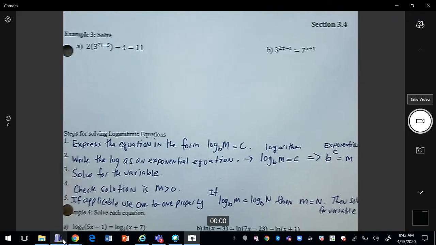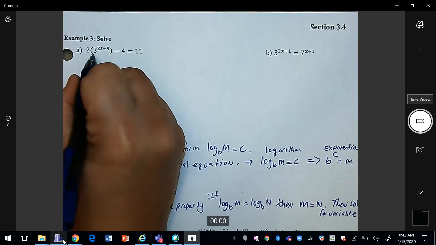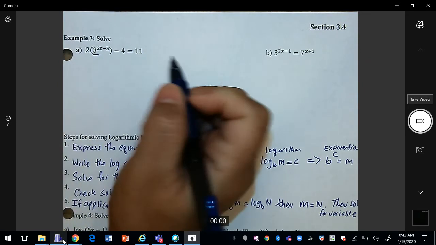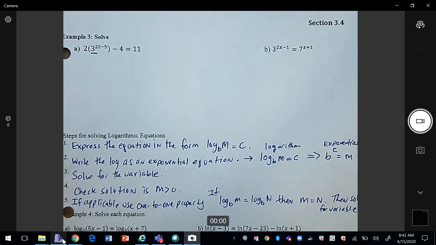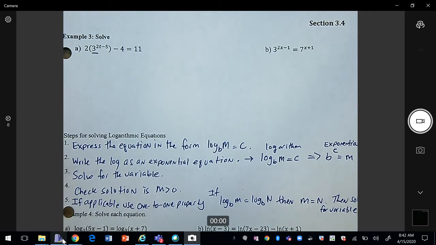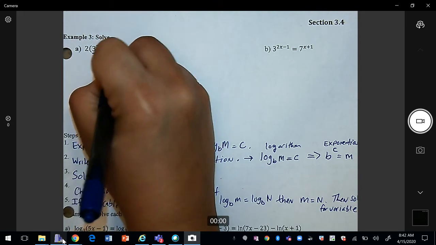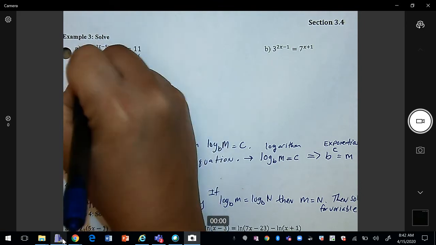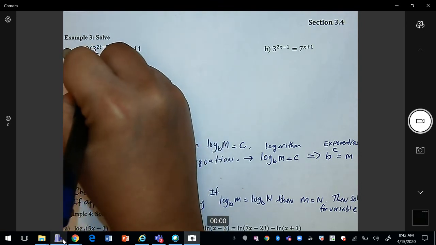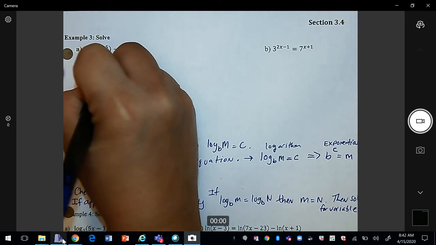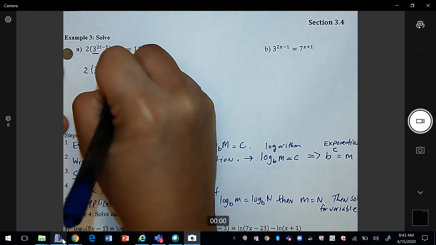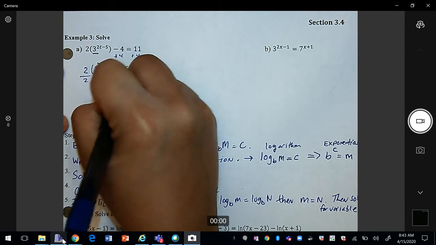So for example 3 here, notice that the exponential part is this right here, and it's not isolated. So one of the steps was to first isolate the exponential expression. So I'm going to add 4 on both sides. And I'm going to divide by 2.